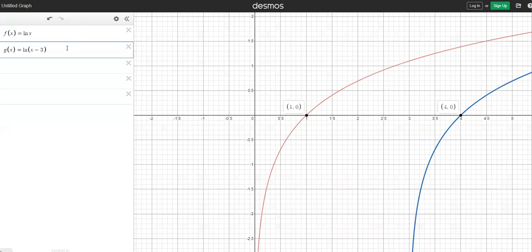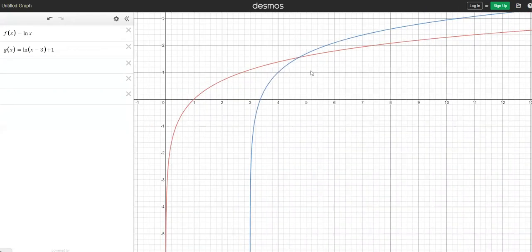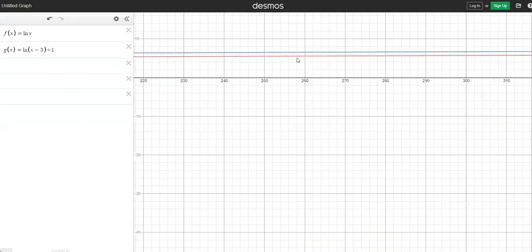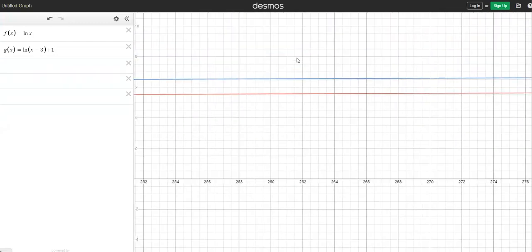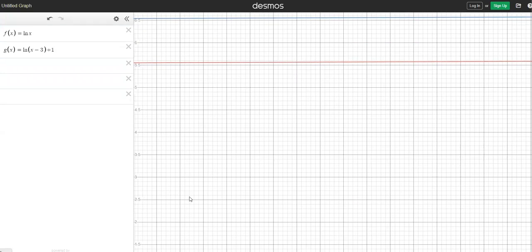So again, I can go to Desmos. If I just add 1 to this, you'll see that the graph moves up by 1. It's kind of hard to see here, but if you zoom way out, go way out into the right, then you can quickly see I'm at 5.5 or 6.5.